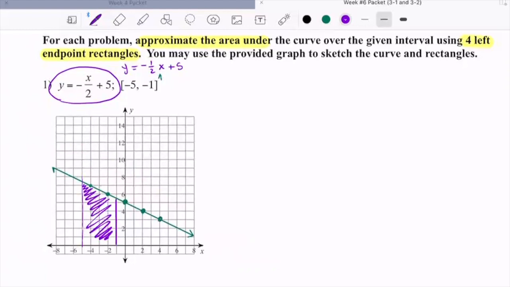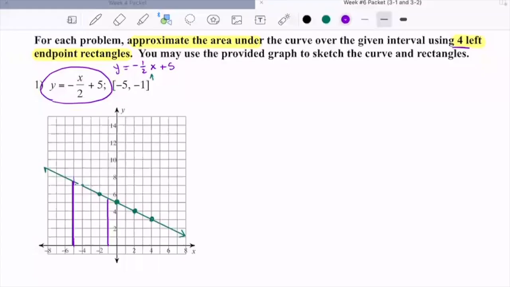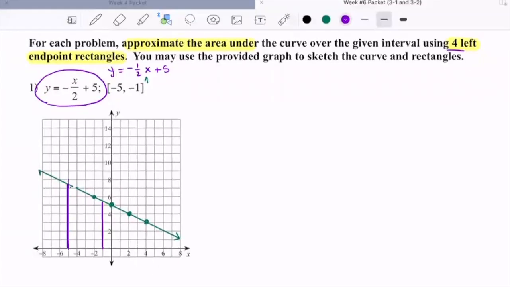All right. So let's get started by first separating our interval, -5 to -1, into 4 rectangles. In order to do that, we need to determine the width of our rectangles. So notation, we often refer to the width as change of x, or delta x here.